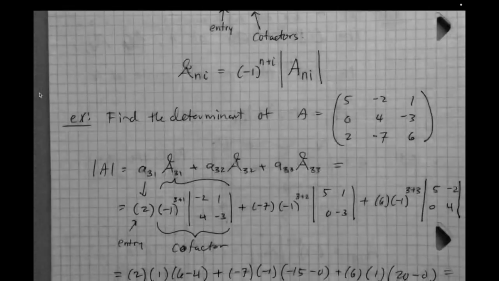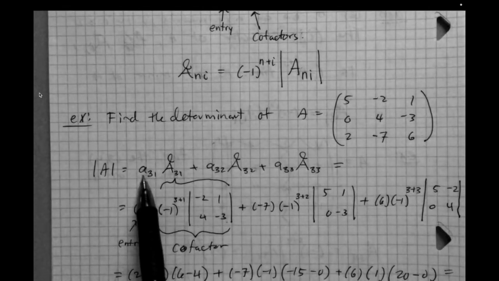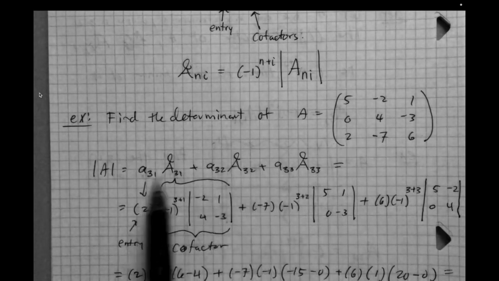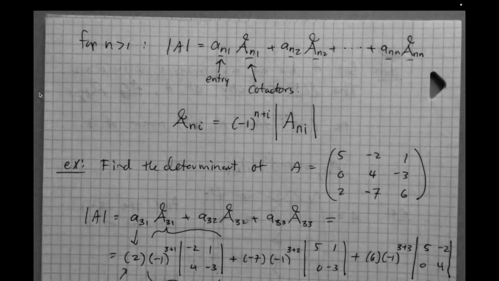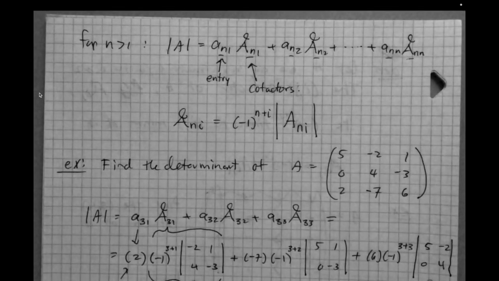In our example here, we had row 3. We took all of the entries of row 3 and multiplied them by the respective cofactors. It's advantageous to start by using just the nth row as your cofactor expansion row. But there is a more general definition that says you can do a cofactor expansion along any row.